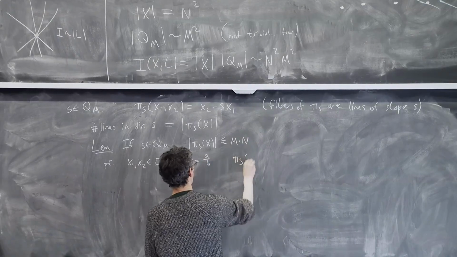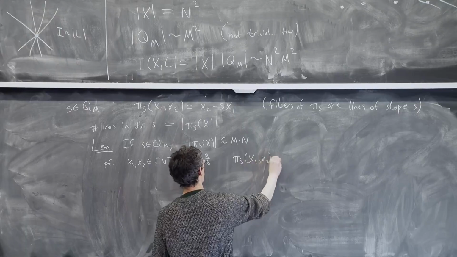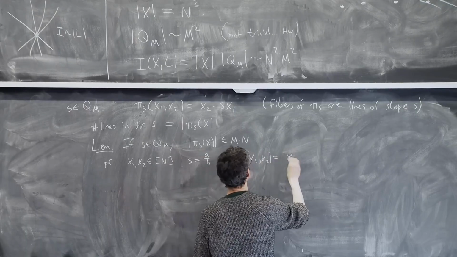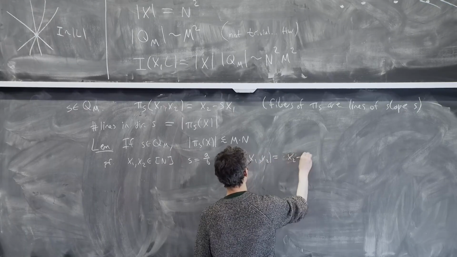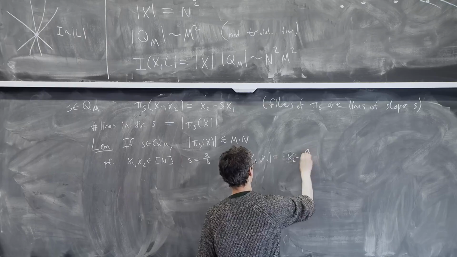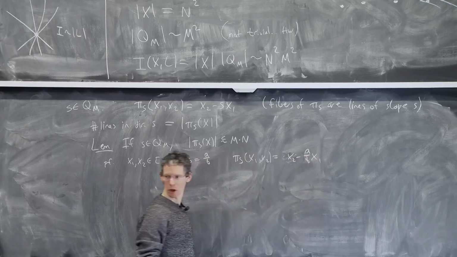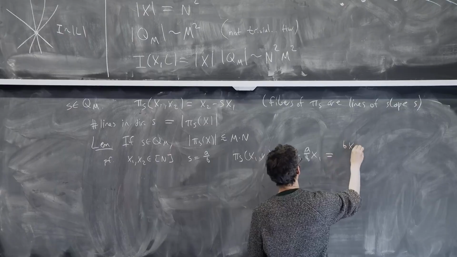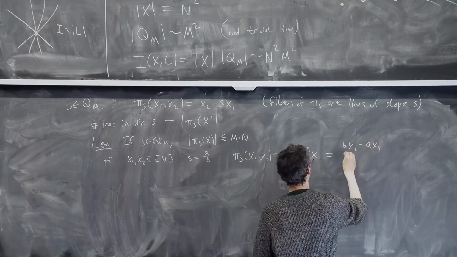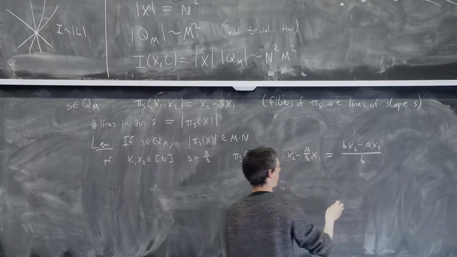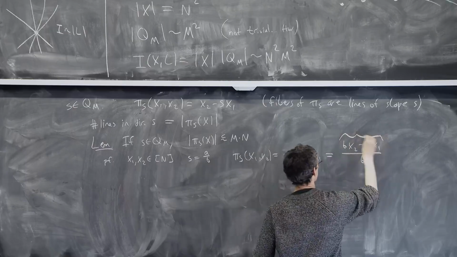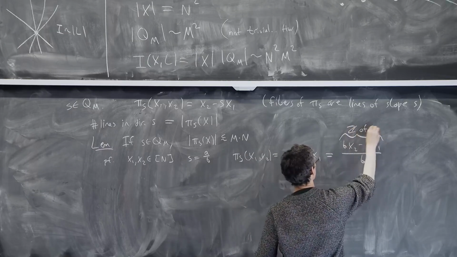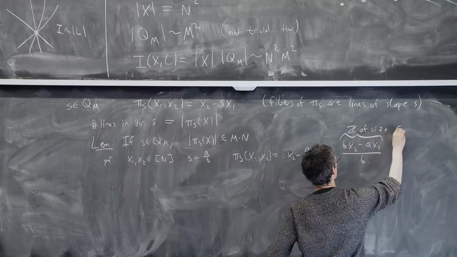So if I take pi s of the point x1, x2, I have, what is it, x2 minus a over b x1, which I'll put over a common denominator. So it's bx2 minus ax1 over b. And this here is an integer of size at most like m times n.